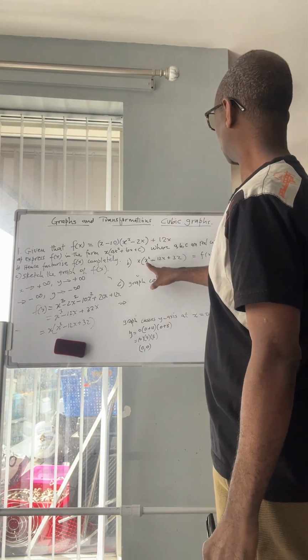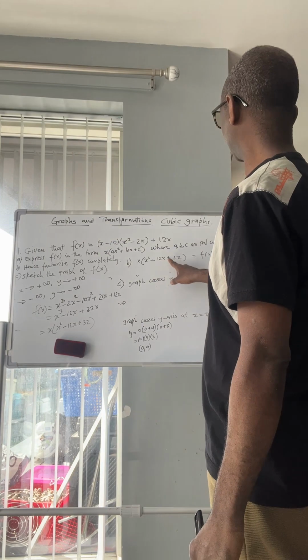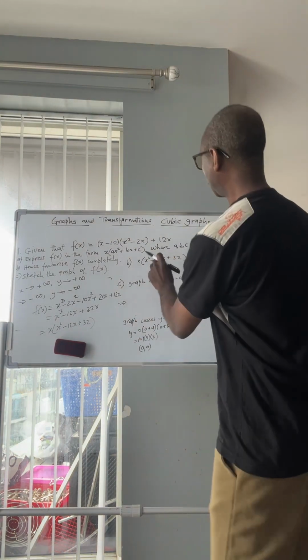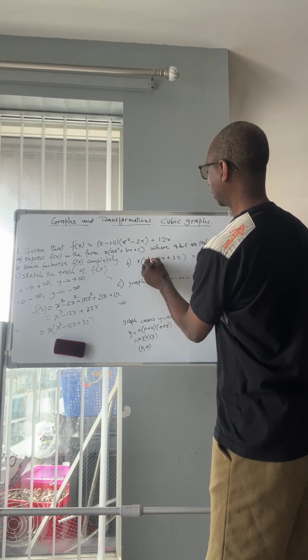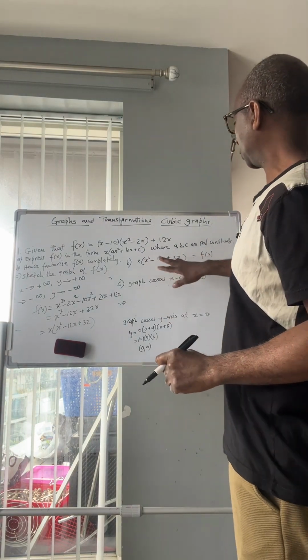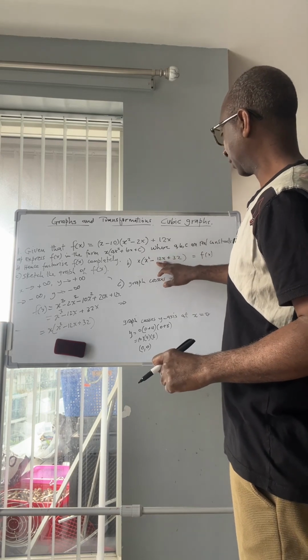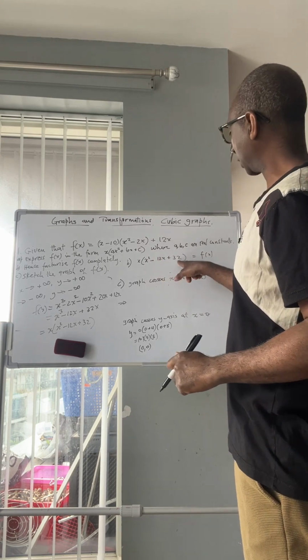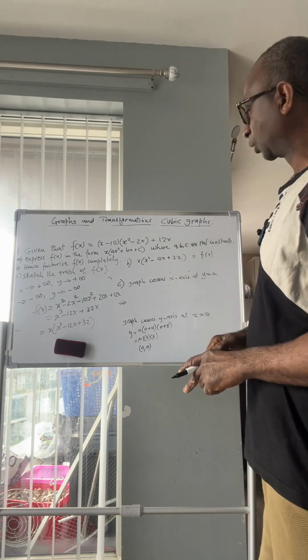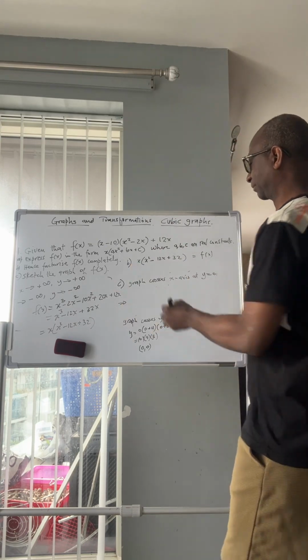We have x into x squared minus 12x plus 32 is equal to f of x. So if you factorize this one, which two numbers, when you add them together you get minus 12, but when you multiply them together you get plus 32. So it's going to be minus 4 and minus 8.